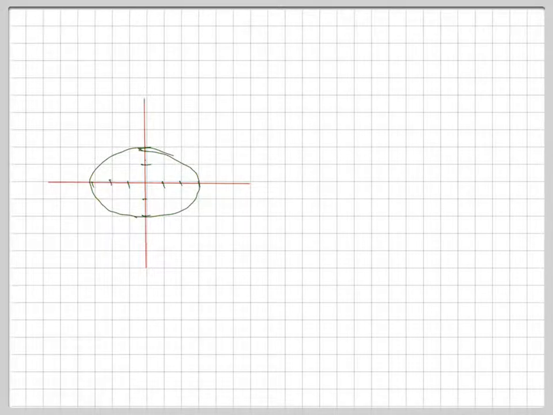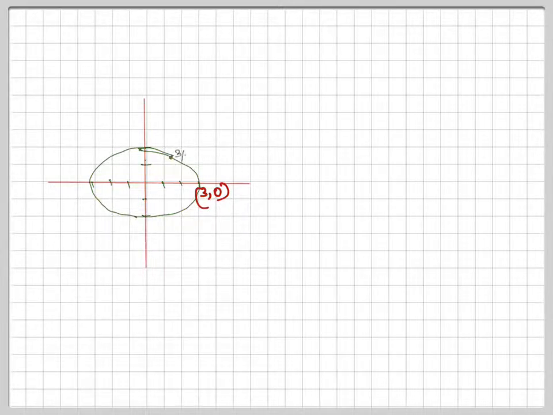Here we are going to mark the point r at pi by 3, which we found to be 3 over 2, root 3. So we will plot that point, and also we have 3, 0 and negative 3, 0 as the vertices.